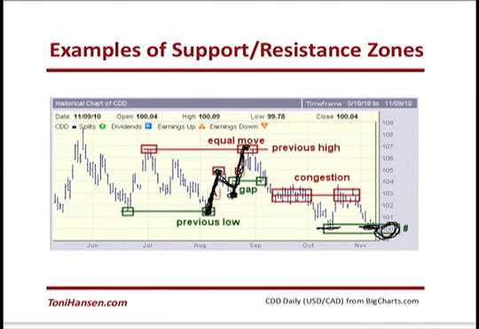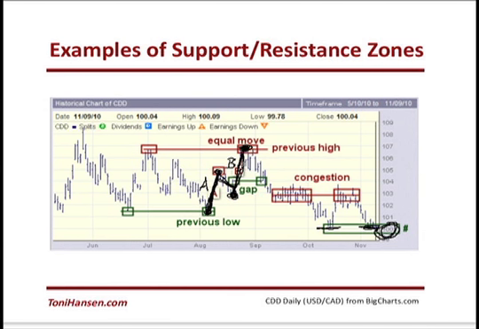So here was A. If we take A, lows to highs, measure that move, and then apply that to the low for the start of B, that gives you another type of target or resistance level.